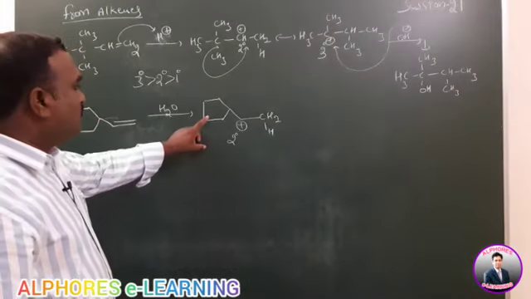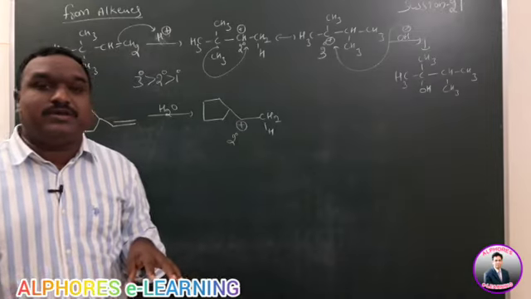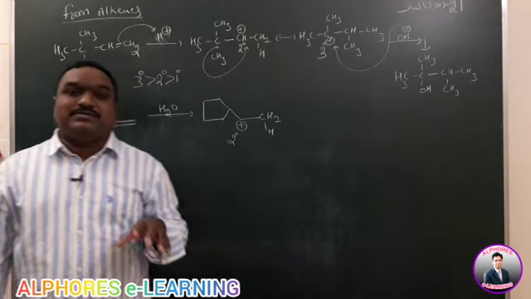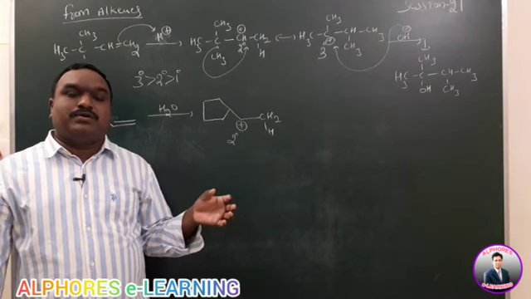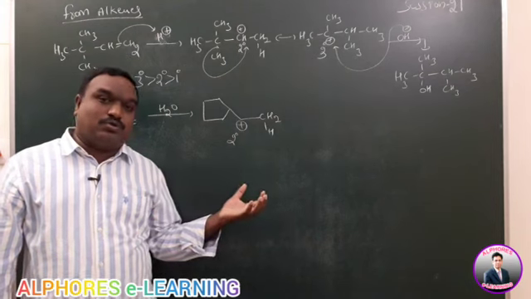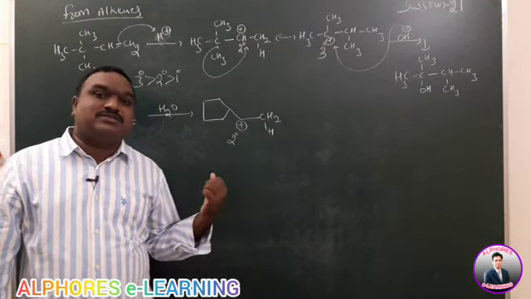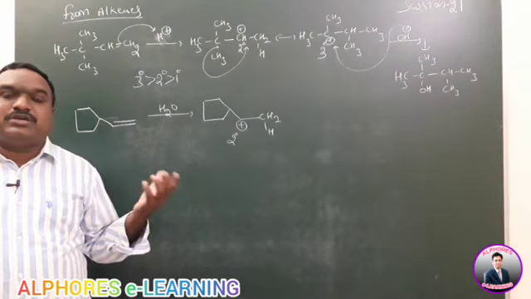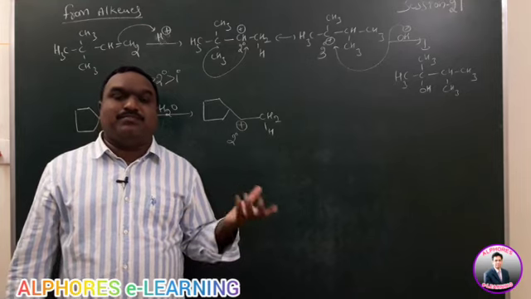But you remember always, according to the cycloalkane stability order, 6-member stability is more when compared to 5-member: cyclohexane stability is greater than cyclopentane, greater than cyclobutane, greater than cyclopropane. Cyclopropane and cyclobutane stability is very low due to the presence of bent bonds.